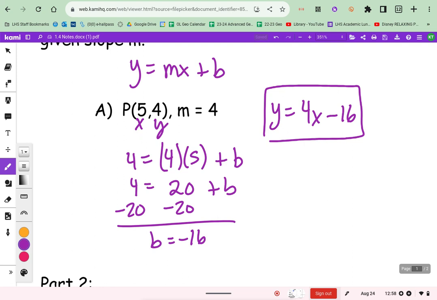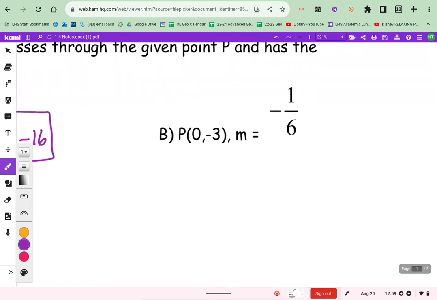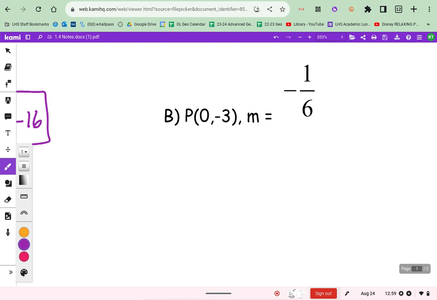Okay, when you're ready, try the next one. Try B. And share with your group.